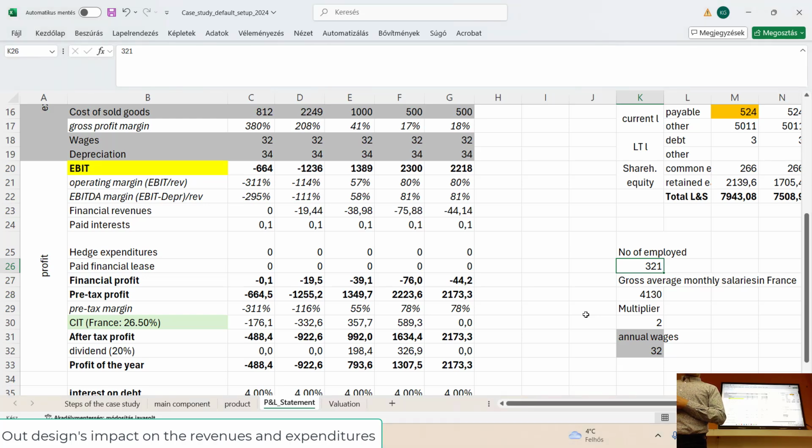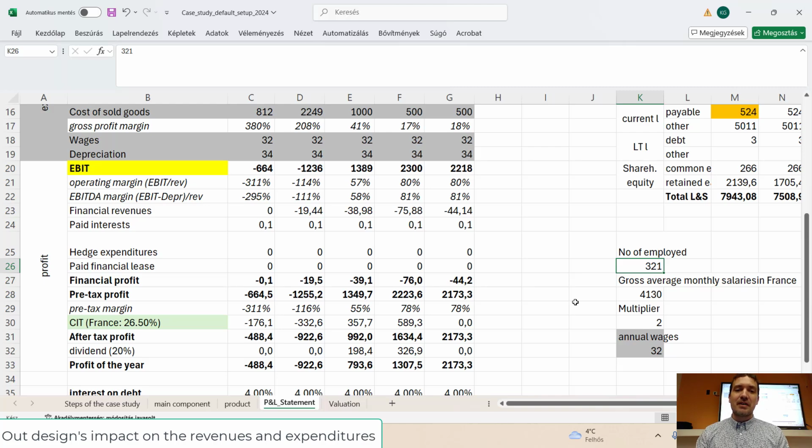At the end of the day, we have no other quantitative or qualitative data. So I took the average gross wage in France, because this is a French company. Then I multiplied by 2, because we should be competitive on the labor market. And after that we get this annual wages data, which is not that great, but at least something.